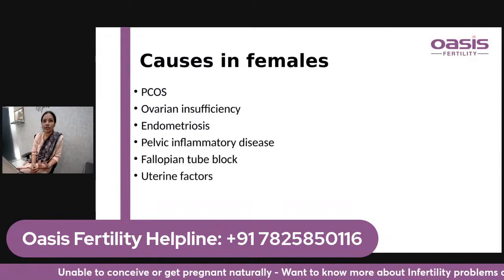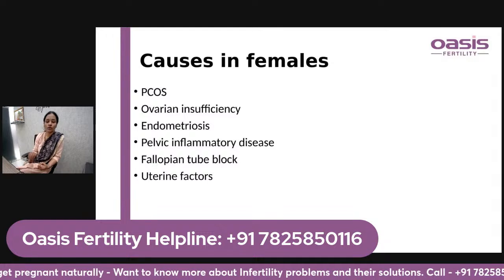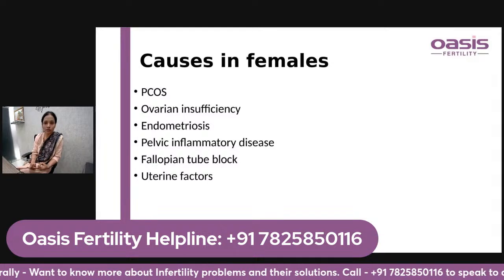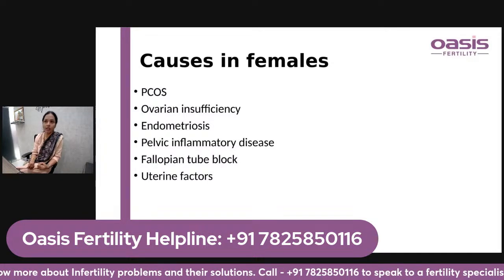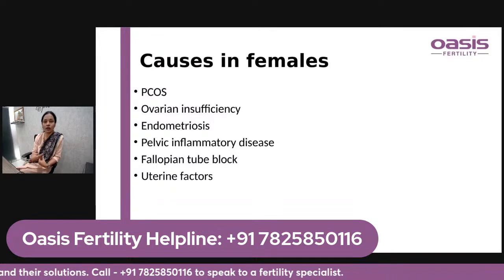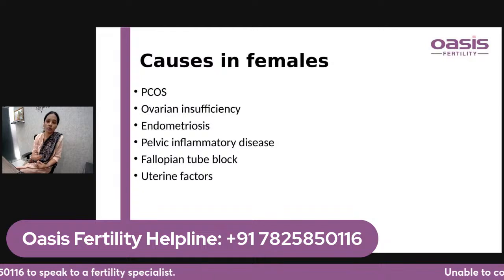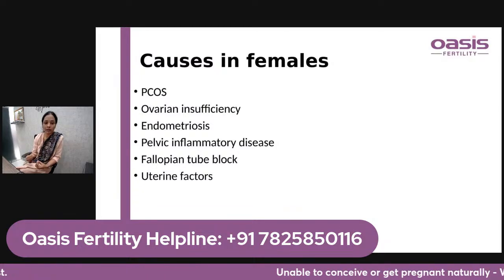Pelvic inflammatory disease can be a very silent infection. Women may not have any symptoms, but on testing, the fallopian tubes may have a block because of the sequelae of that pelvic infection.